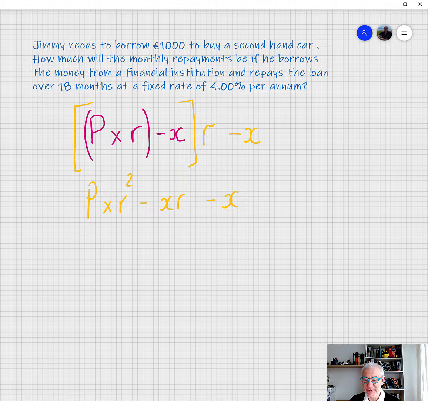Then we take that new balance and repeat the process: multiply by R to find the interest on the new balance, then take away our payment X. We'll work that out one more time because the pattern should become clear after that.